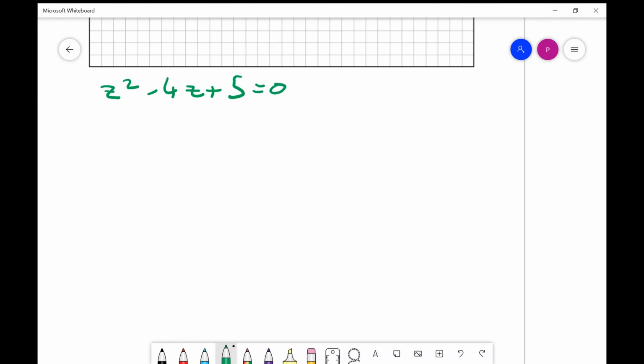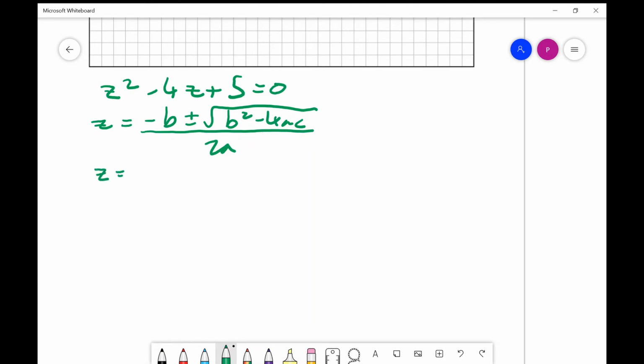The other way of doing this is trying to solve this like a normal quadratic. To solve a quadratic like that, we would use the minus b formula. So z is equal to minus b plus or minus the square root of b squared minus 4ac, all over 2a.